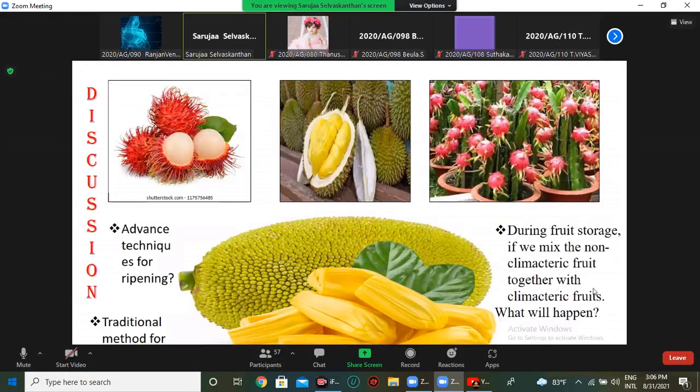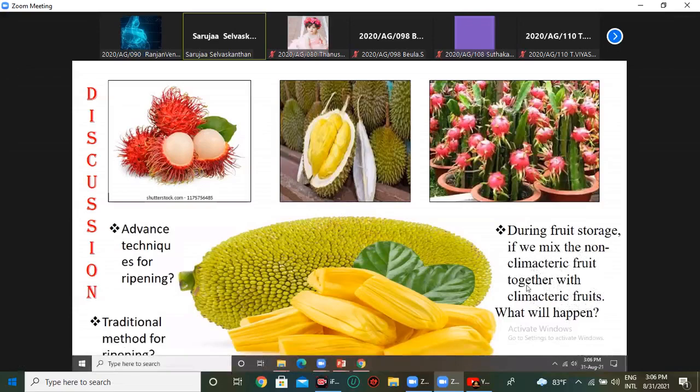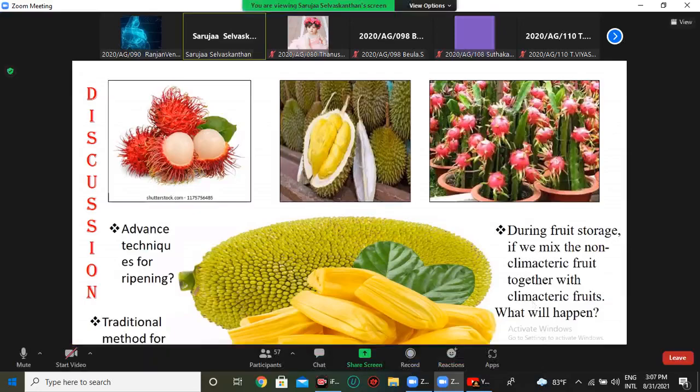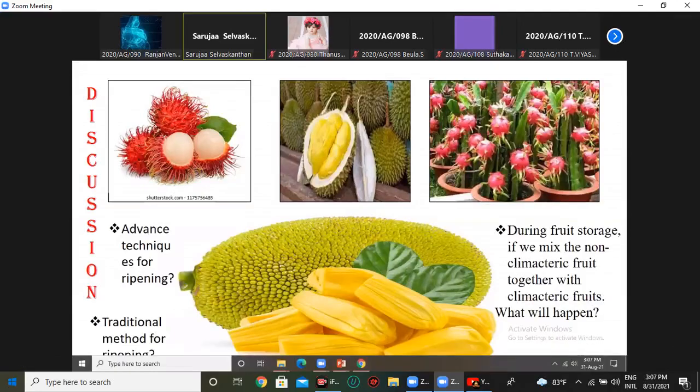That is the issue when storing non-climatic and climatic fruit together: the climatic fruit releases ethylene, which induces enzymes and produces more respiration, and the more heat damages the non-climatic fruits.